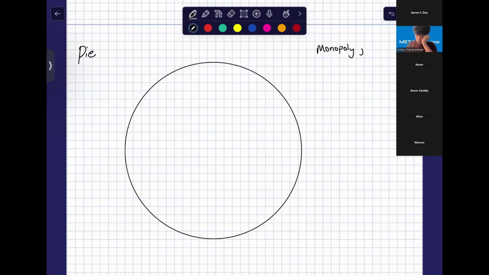And then you're going to be given percentages, and based on the percentages, that's how big the slices of the pie are going to be. Yeah, like how Vishnu is drawing it. That should be what a pie slice looks like, or a pie chart.